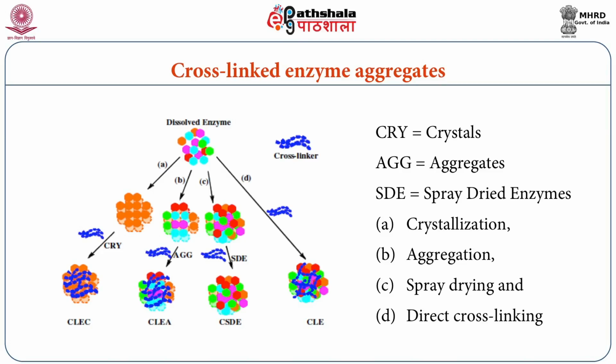Second is the process of aggregation itself. Spray drying is an excellent process of getting enzyme agglomerates. So, a process of spray drying where agglomeration is taking place can give you good enzyme aggregates. And finally, the fourth process is a direct cross-linking process by using a cross-linker.